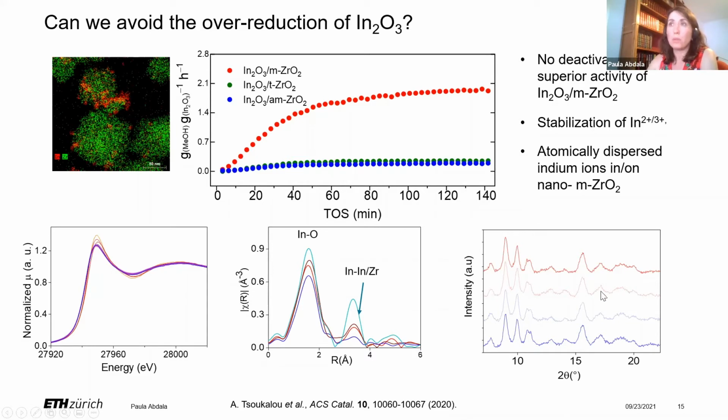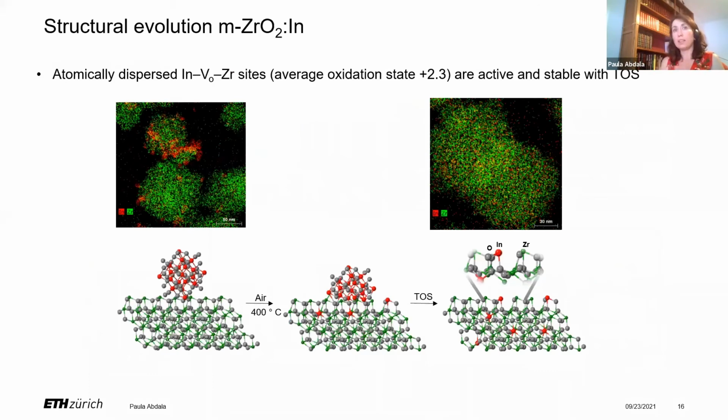In this case, powder diffraction showed a relatively stable phase, which is monoclinic zirconia, and we could not distinguish between indium oxide and monoclinic zirconia due to the broad peaks. So this allows us to propose that this catalyst is evolving in the following fashion.